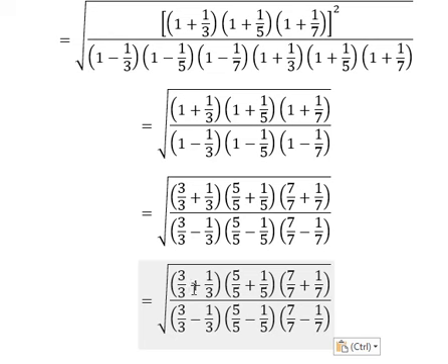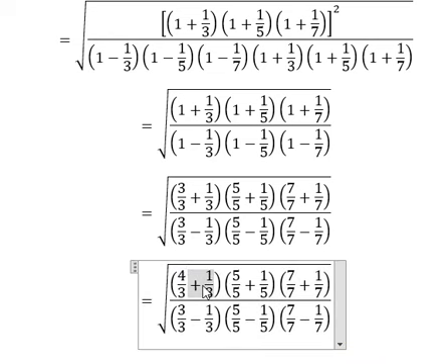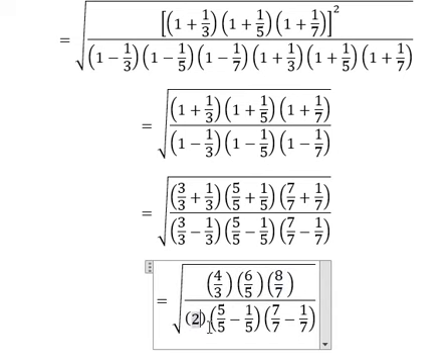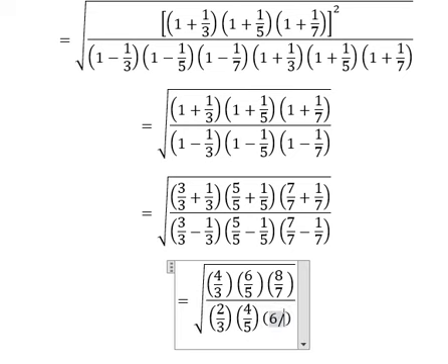So number 3 plus number 1, we have number 4. 5 plus 1, we have number 6. And 7 plus 1, we have number 8. This one is 2 over 3. This one is 4 over 5. This one we have 6 over 7.